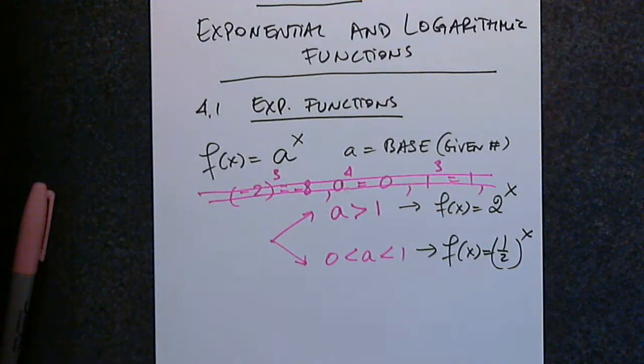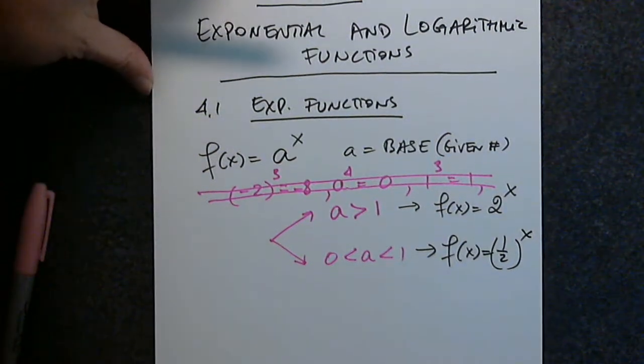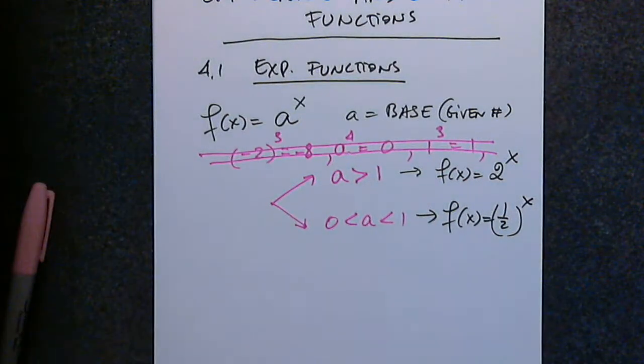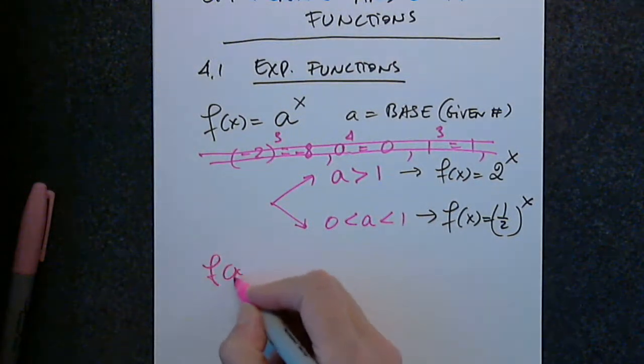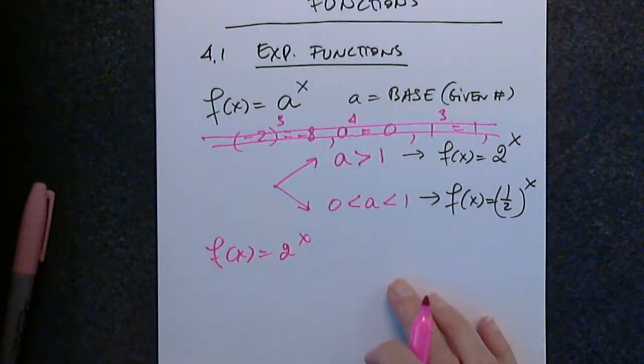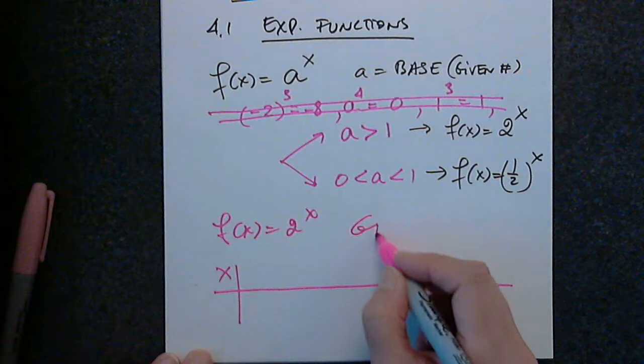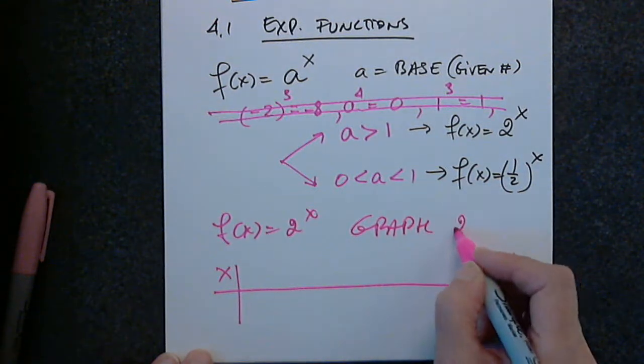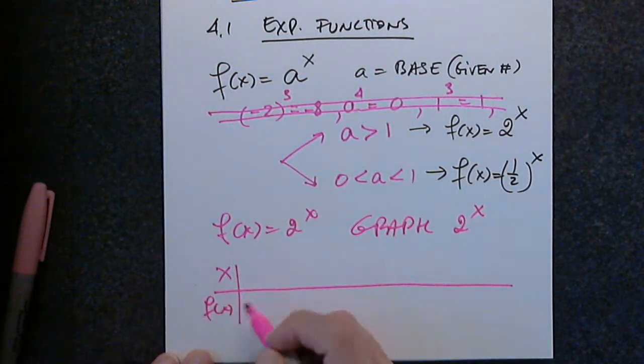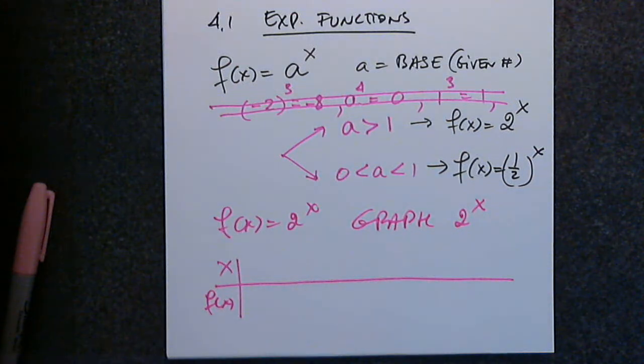Okay? So we are looking at f of x equals 2 to the x. And of course, we want to graph 2 to the x. And we always start with the what?